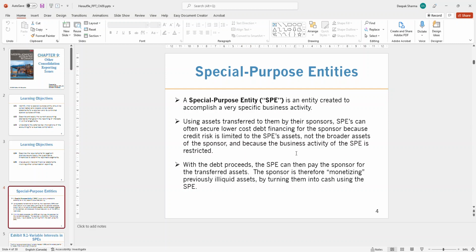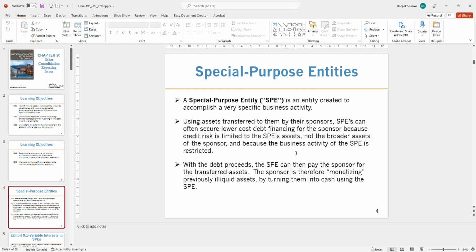So if the company feels there is a high interest that needs to be paid, the company may transfer some of the assets to a particular entity to show that the company has assets, and then the company will borrow the debt using those assets. Obviously, if they have secured assets against that, it will end up being a lower-cost debt, which will definitely save a lot of money for the company in the future.